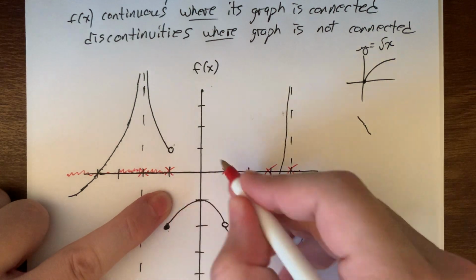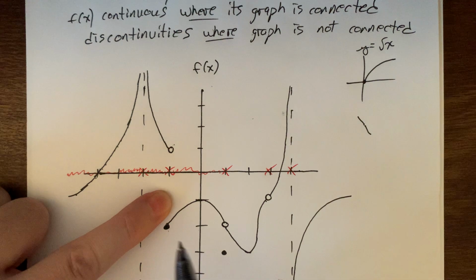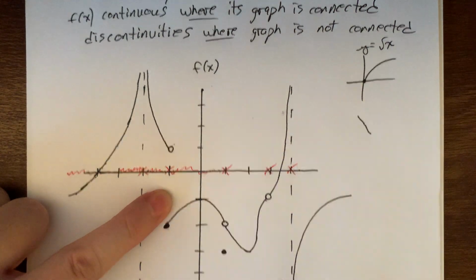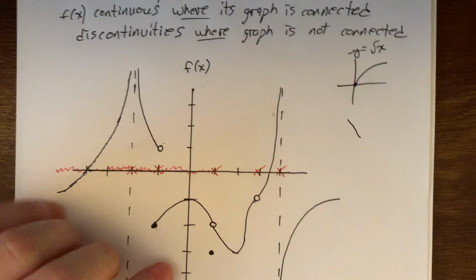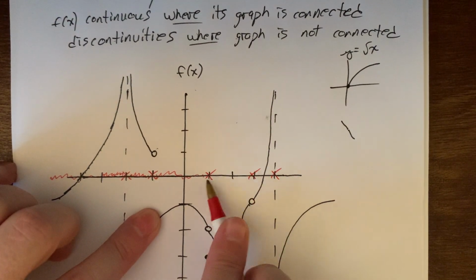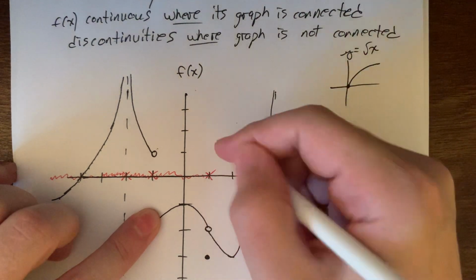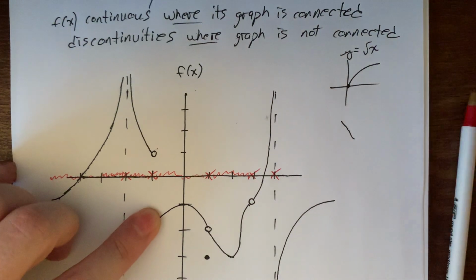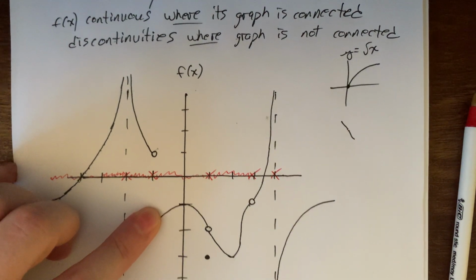Now, discontinuity, discontinuity, continuous in between, and that gives me the interval -1 to +1. Keep going. Between here and here, discontinuity, discontinuity, but all this in between is connected. So we've got another region of continuous from 1 to 3.